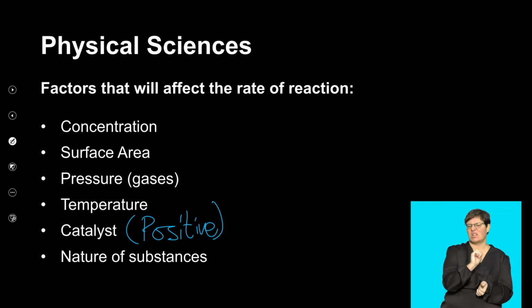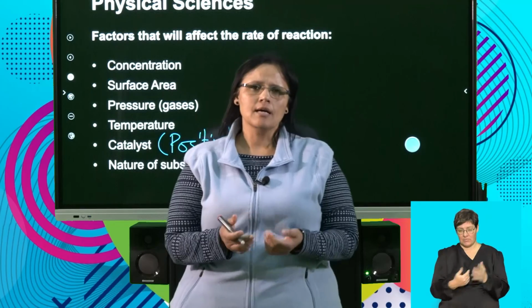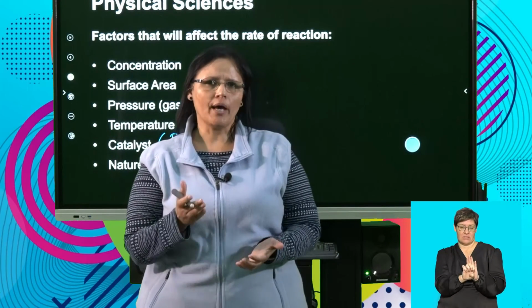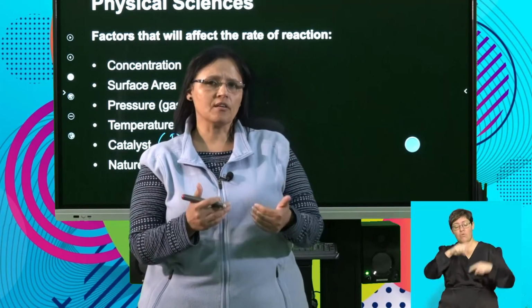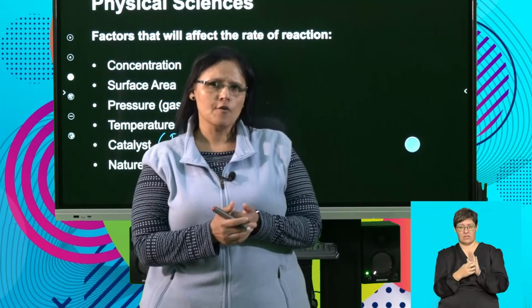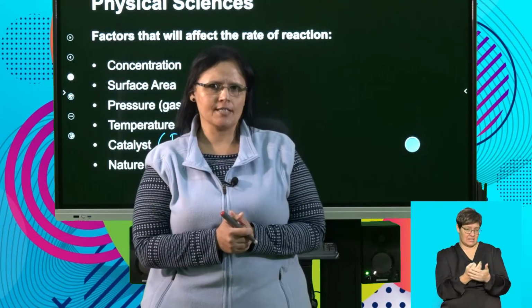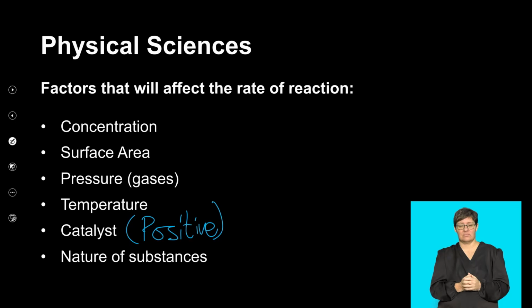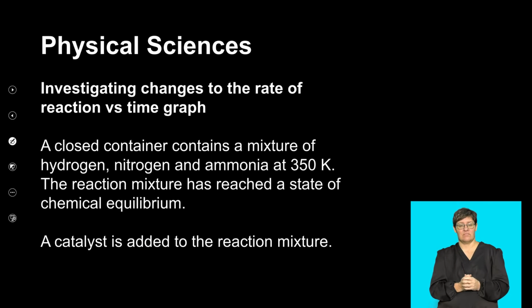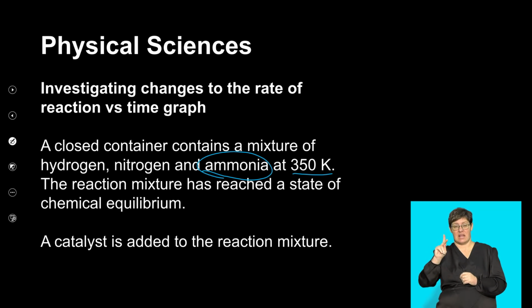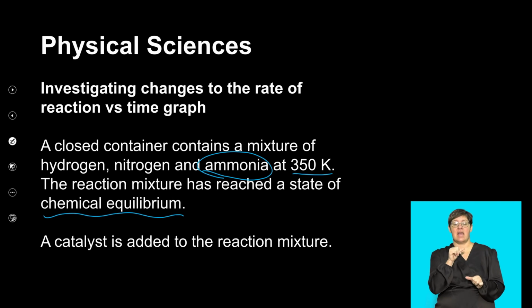Now what we are going to do is look at some examples where we will look at the rate graphs for some of these factors. We're still in the closed system and we're still busy making ammonia at 350 Kelvin, and it is at chemical equilibrium.